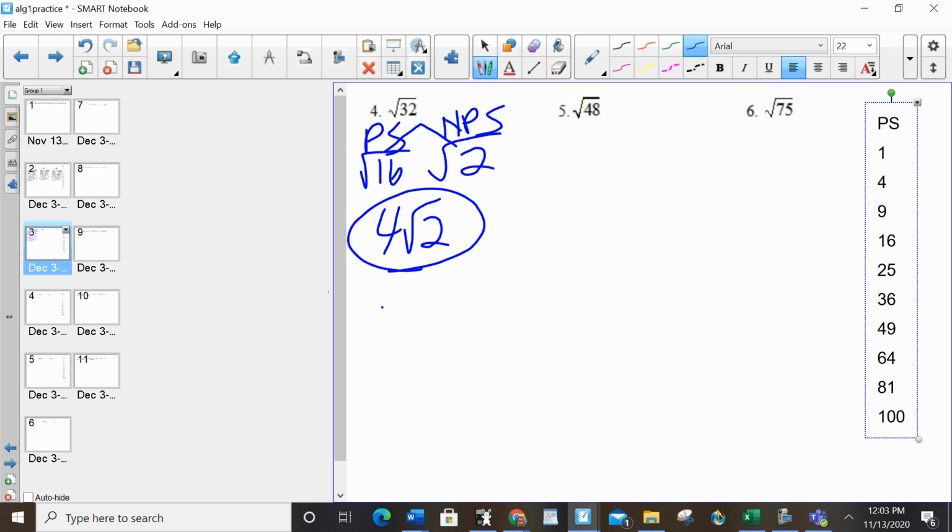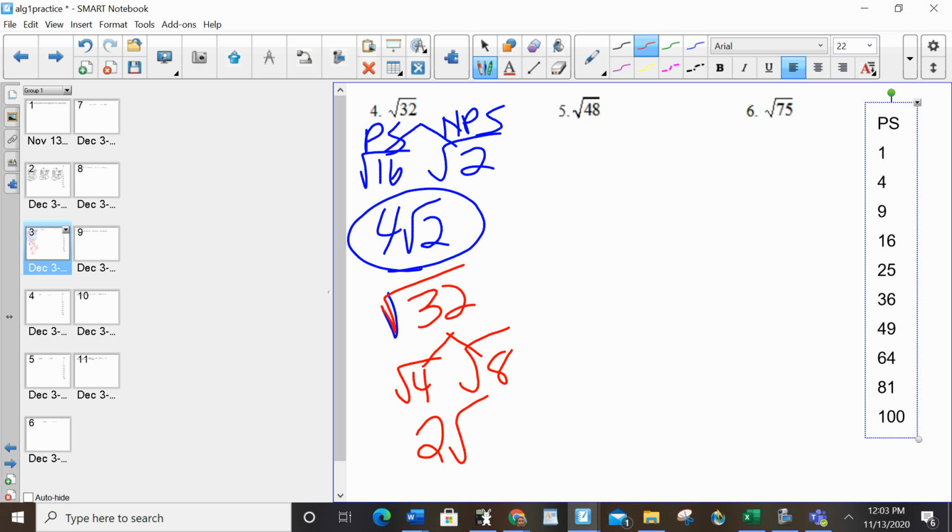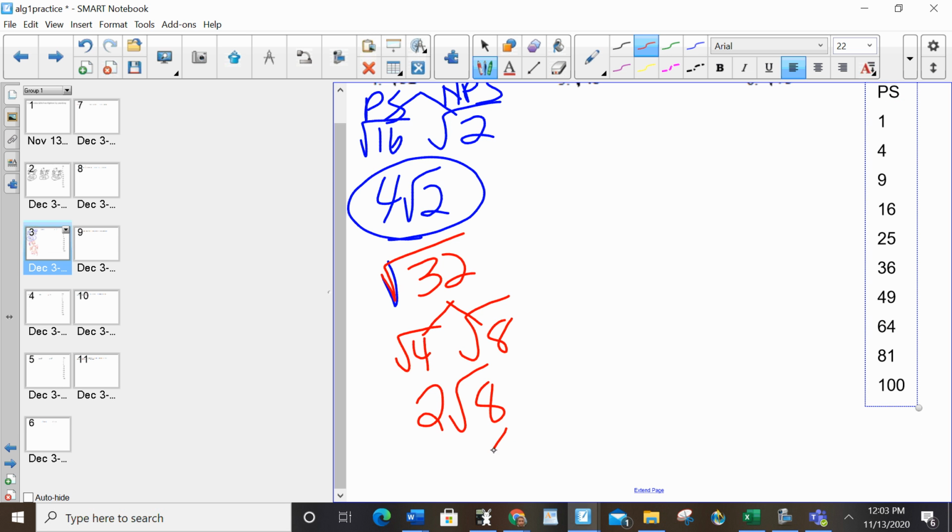Now, what some of you might have done, let's do it in a different color. You might have said, well, I made it into 4 and 8, and I got 2 rad 8. So here's the problem with that. You did not get the largest perfect square that goes into 32. Because of that, this can be reduced further, which isn't the end of the world, but it gets a little more complicated because now I have 2 numbers outside.